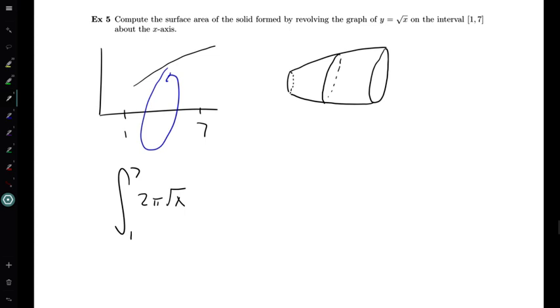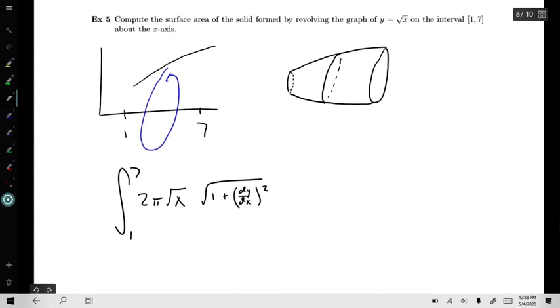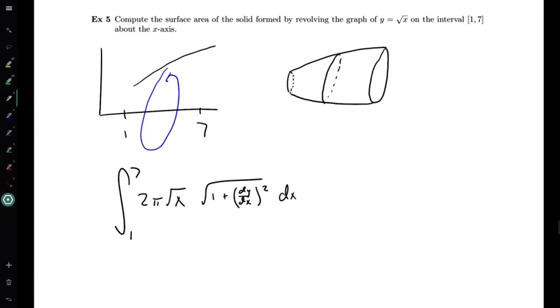And it's going to have length equal to the usual length differential, which is root 1 plus the derivative squared. So maybe we'll just write that as dy dx for the moment, squared, dx. Great. So here's the thing that we need to integrate.